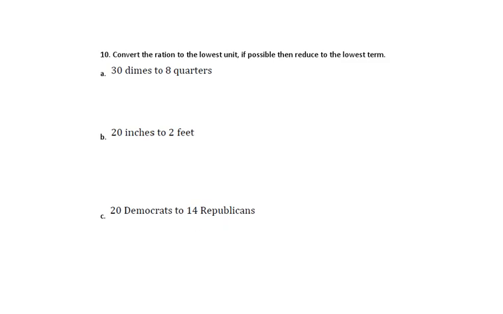Okay, convert to the lowest units, then reduce to lowest terms. So first of all, 30 dimes is the same as $3. 8 quarters is the same as $2. So that becomes 3 over 2. 2 feet is the same as 24 inches.